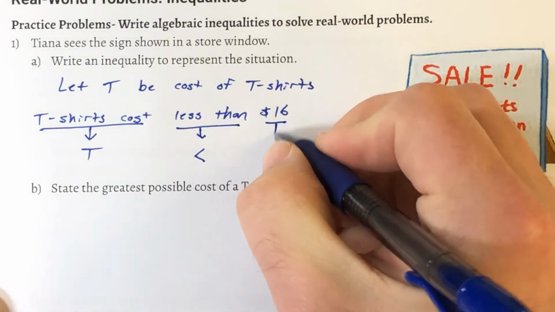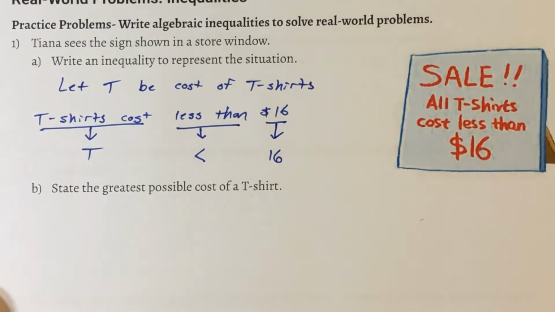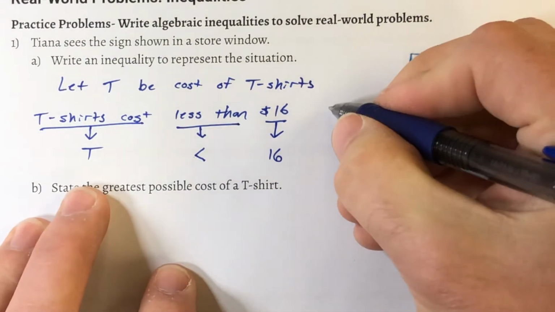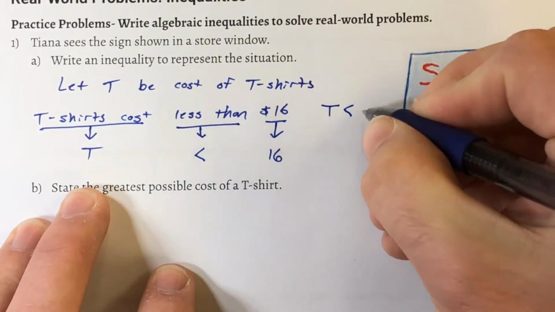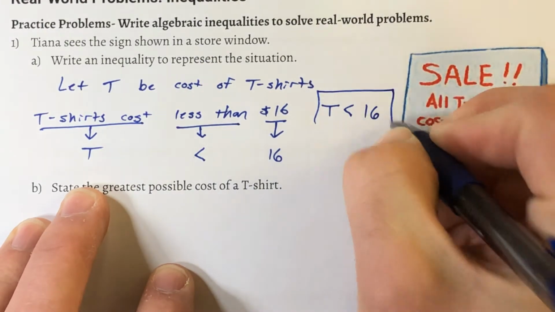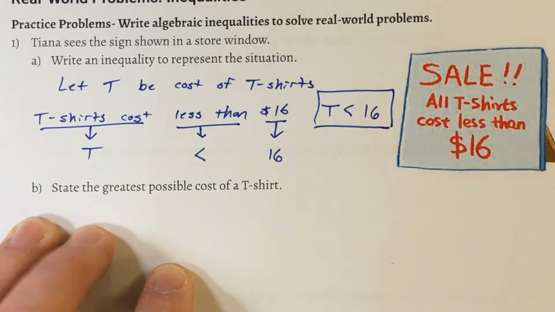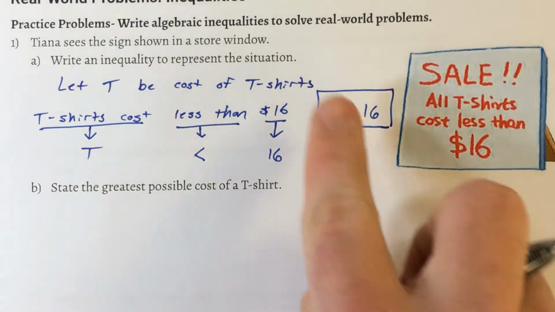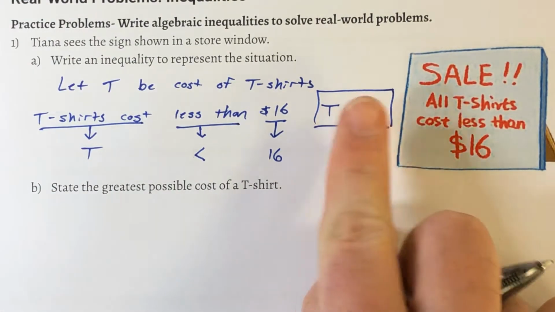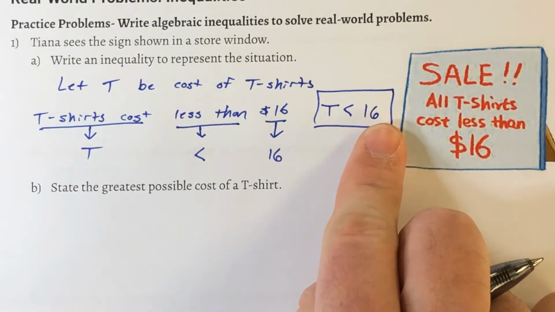And then 16, also very straightforward. So we come up with the inequality of T is less than 16. Not very specific, but it gives us guidelines. Essentially, this means the cost of the t-shirt can be anything less than 16.